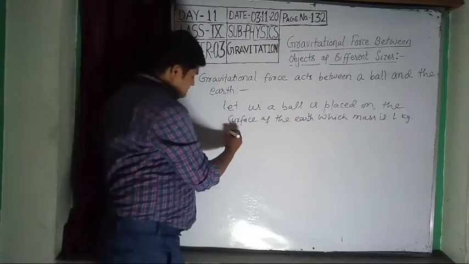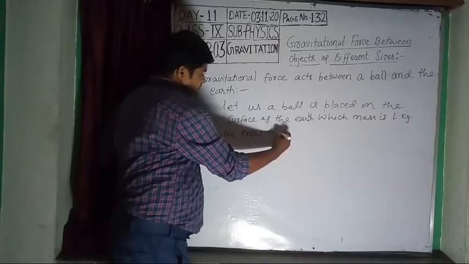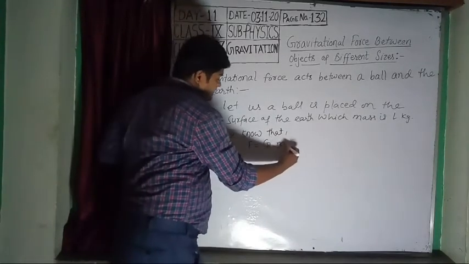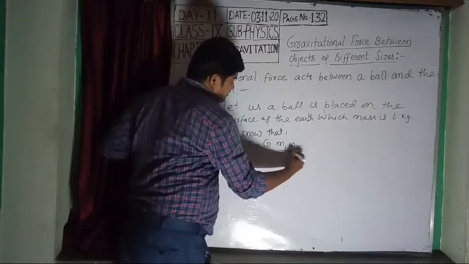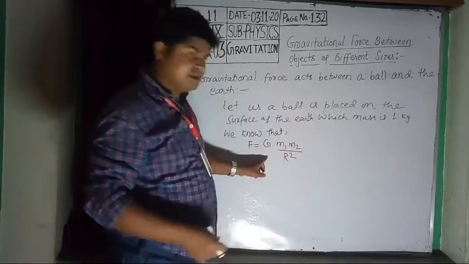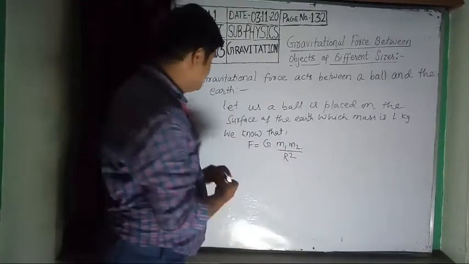So we know that F is equal to G m1 m2 by r square.